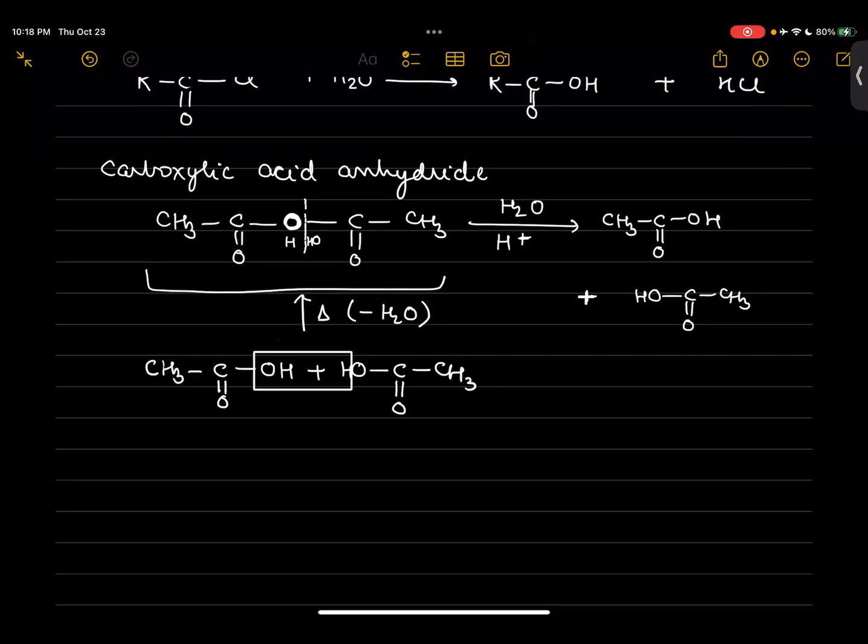But in the name of the anhydride, you write the name up to oic, but you don't mention acid. So this was ethanoic acid. Let me write the actual name.